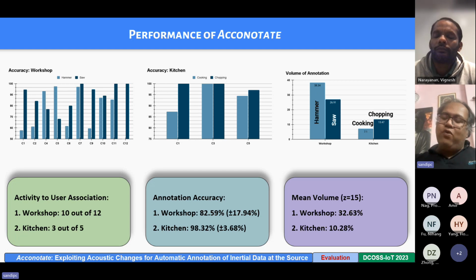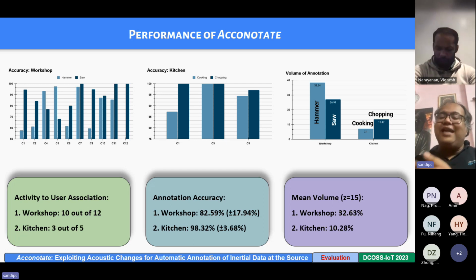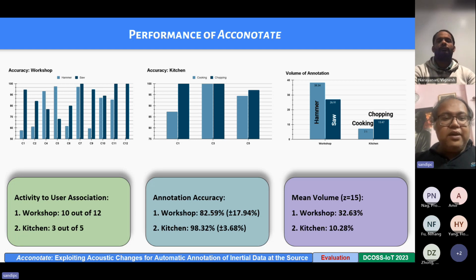Once you have a part of the data labeled, you can take help of that labeled data to apply other methods like active learning or transfer learning to label the remaining part of your data. So that provides a nice way of bootstrapping the automated labeling process.